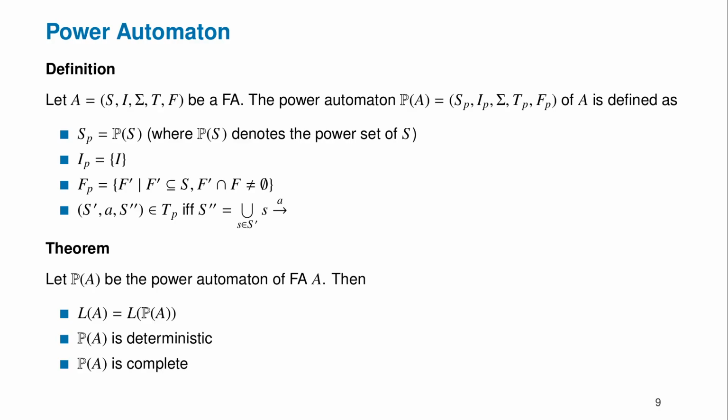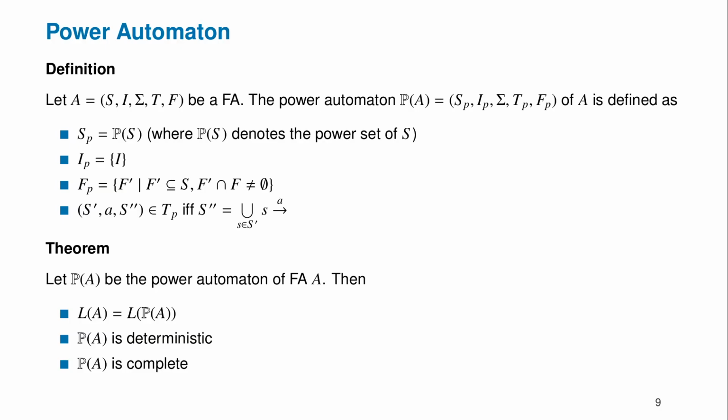The set of states is now the power set of the original set of states. So the states of the power automaton are subsets of the states of the original automaton. We combine states that have somehow similar properties into one state, and hence we have sets of states as states.